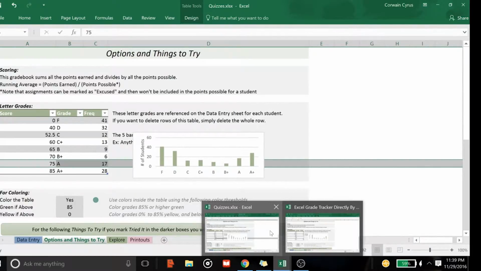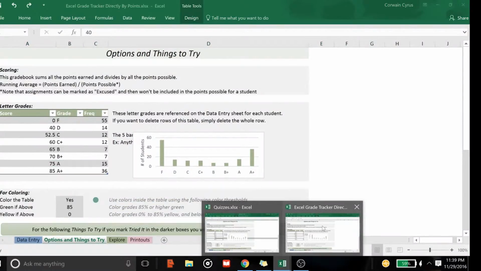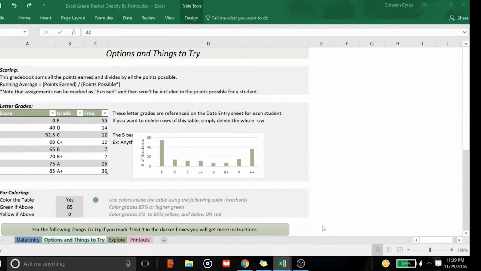So what I see is a small transference of F grades to D grades and A pluses to A's, but no major shift. So putting the quiz grades in here wouldn't change this profile much by any means.